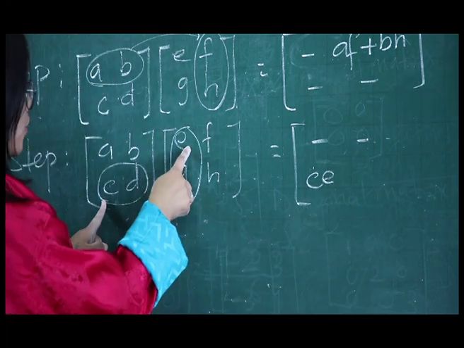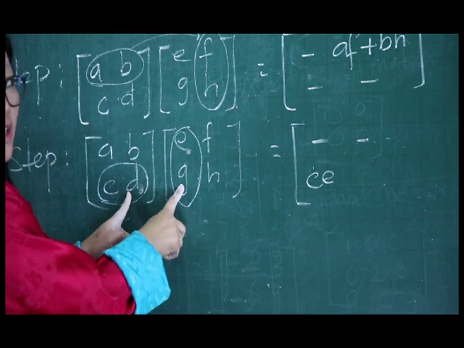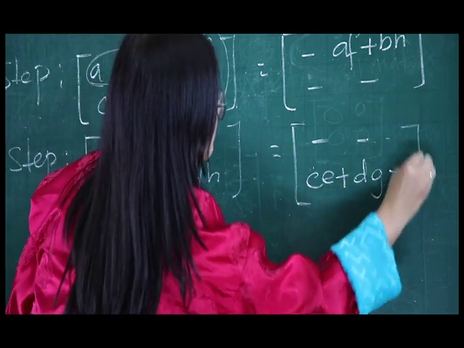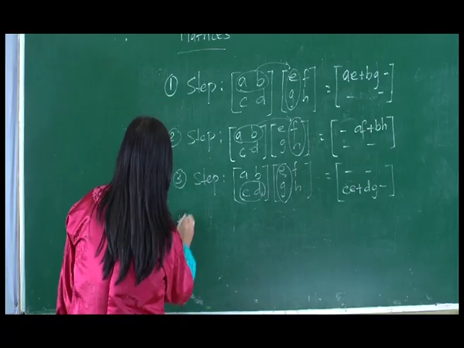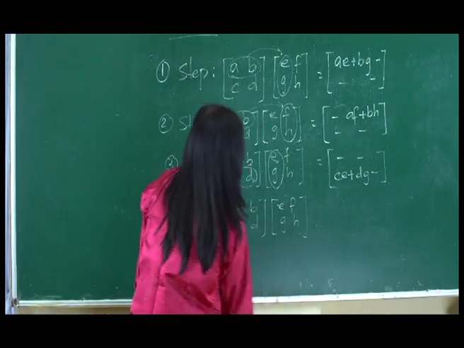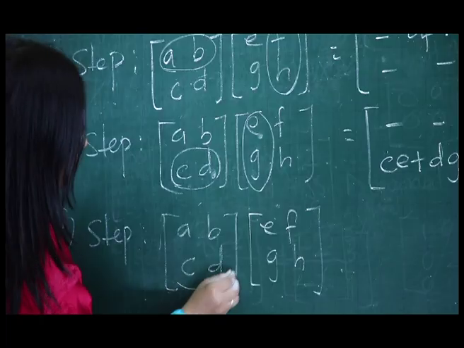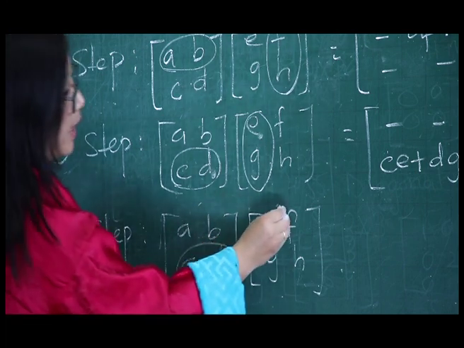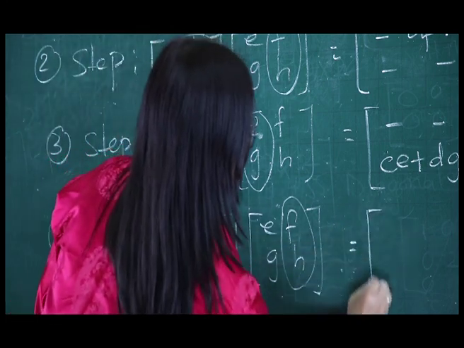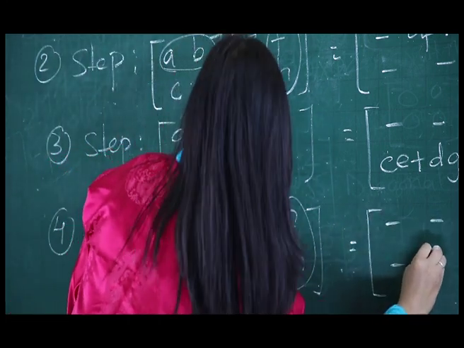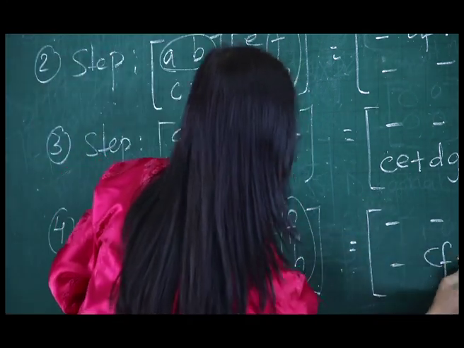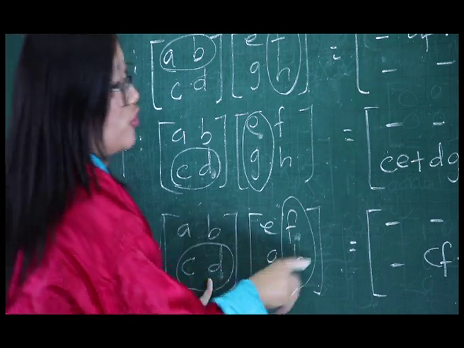C will be multiplied by E, and then D will be multiplied by G. And the fourth step is, again this C and D will be multiplied by elements F and H. C will be multiplied by F, and then D will be multiplied by H.